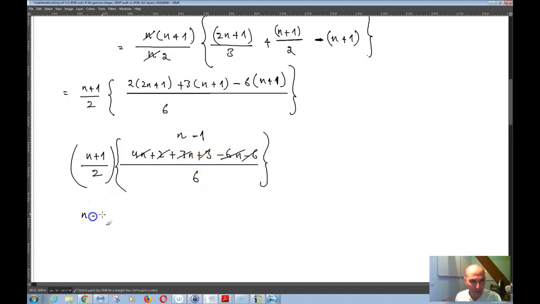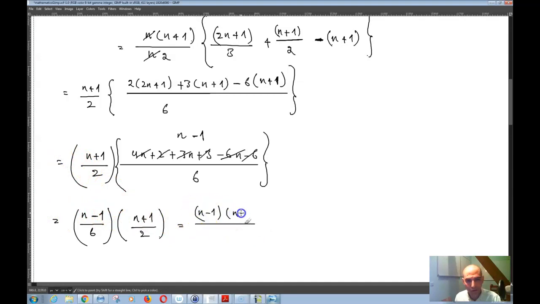That is n minus 1 divided by 6 times n plus 1 divided by 2, which is the same thing as n minus 1 times n plus 1 divided by 12. This is the same thing as a minus b times a plus b, which is the same thing as a squared minus b squared.